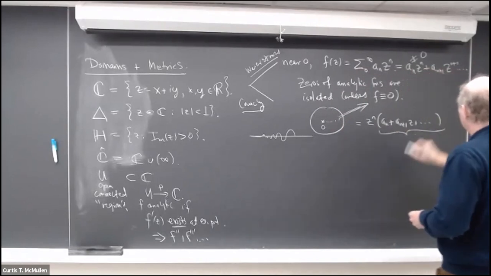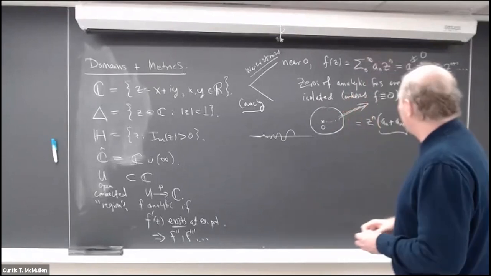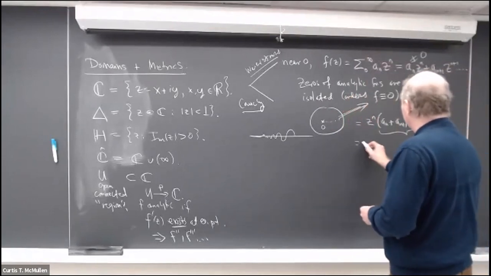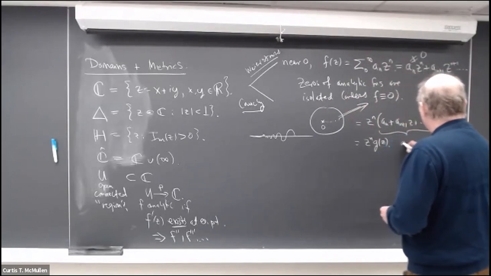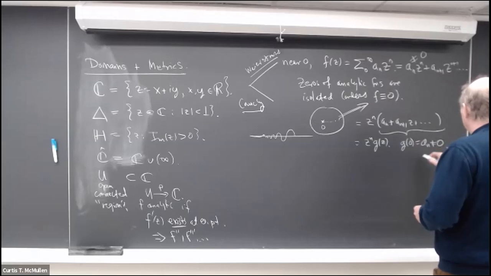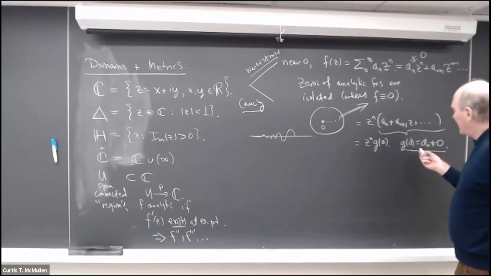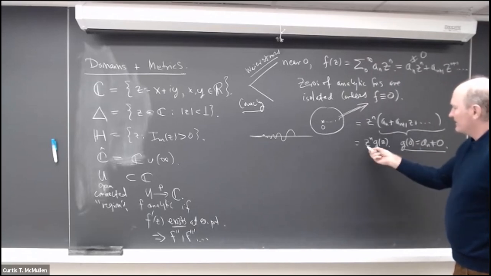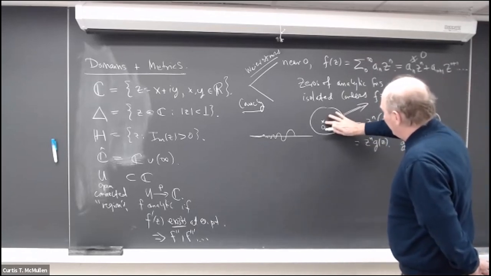And this factored portion of the power series expansion defines a new analytic function, z^n g(z). And g(0) is a_n, which is not 0. So this function, by continuity, is non-zero if you're close enough to 0. z^n only has a unique 0, namely at the origin. And so nearby, the function can't have any other zeros.